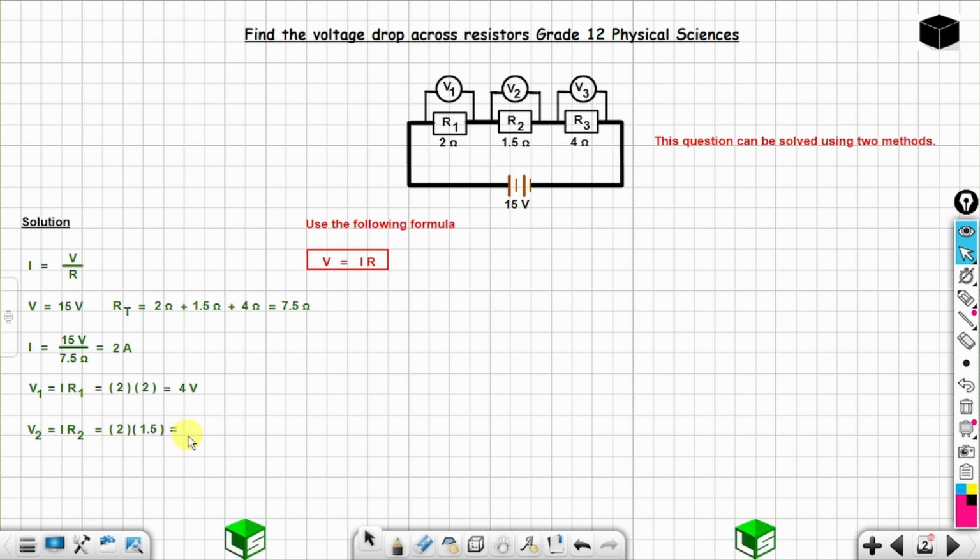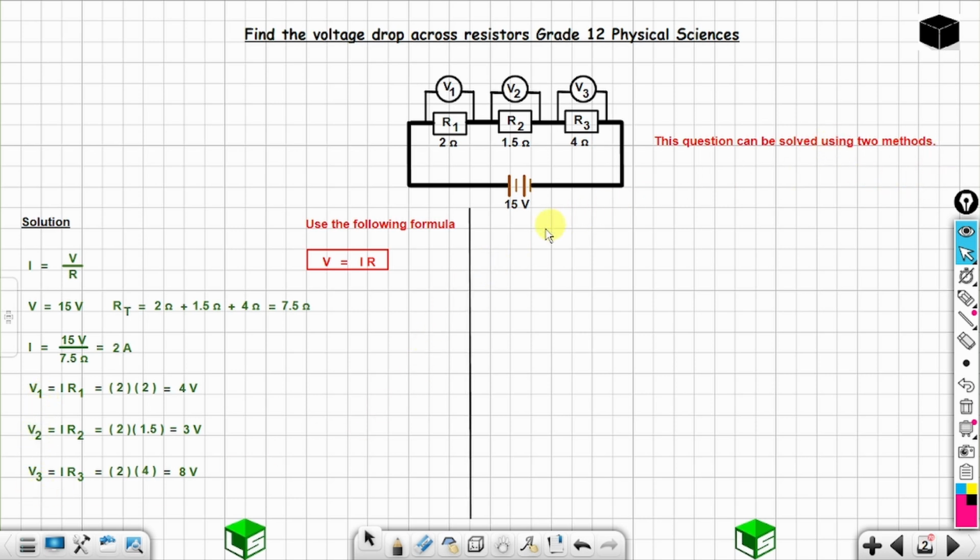V2 is equal to 3 volts. Now V3 is equal to the same current flowing into the series connection, times R3. This is equal to 8 volts. So you have V1, V2, V3.